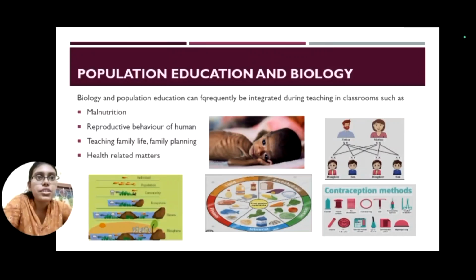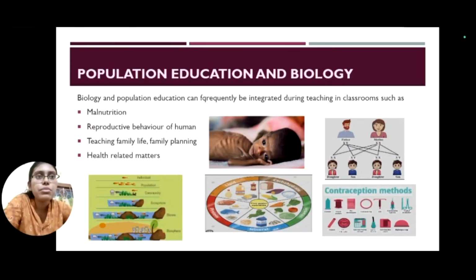Population education, when taught through biology, focuses on the scientific study of human population in relation to living organisms, environment, health, and reproduction. Since biology already deals with life process, heredity, reproduction, ecology, and environment, it provides a strong foundation for understanding population related issues.